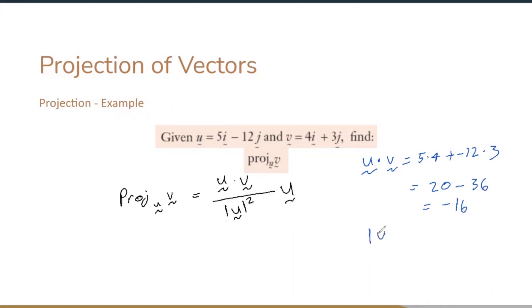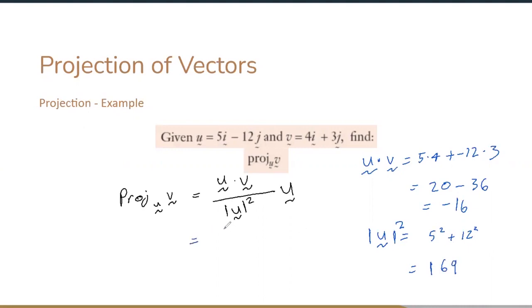The magnitude of u is given by the square root of 5 squared plus 12 squared. Now, I could go through and find this, square root it, and then square it. But if I'm going to be squaring it, then I don't have to worry about this square root. If I square it, that's going to undo my square root. So it's just going to be 5 squared plus 12 squared, which is 25 plus 144, which is 169.